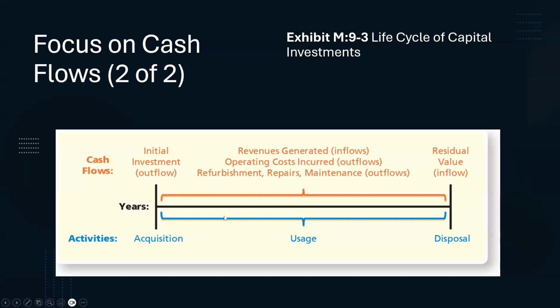The corresponding cash flows for each are summarized, where you have acquisition, which is the initial investment outflow; the usage, which has revenues generated as inflows, operating costs incurred as outflows, and refurbishment, repairs, and maintenance as outflows. And of course, disposal involves residual value inflow.